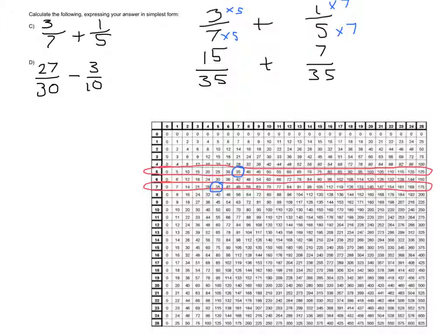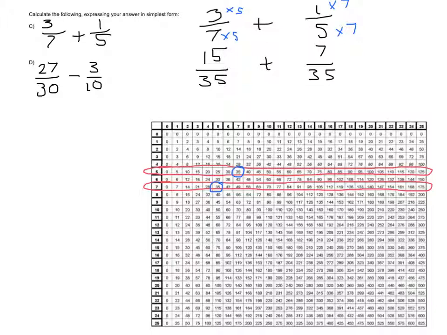So now it's very easy. Now we're back to those easy addition fractions where all we have to do is just add the numerators together because we found the common denominator. So now we are okay to go ahead and just add the numerators.